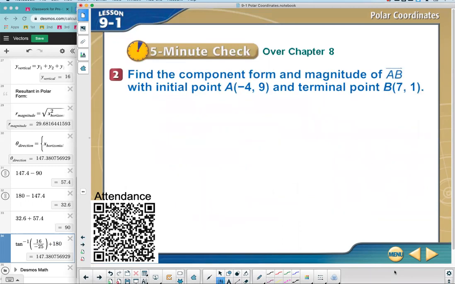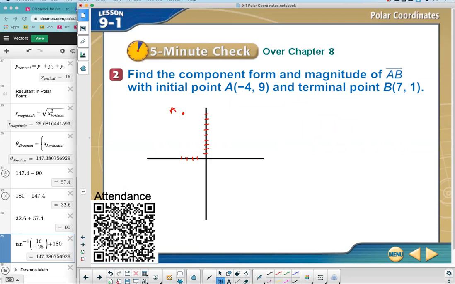Let's check out number 2. It says find the component form and magnitude of the vector AB with an initial point, here A, and a terminal point of B. So here's the idea. If we graph this, you have a point that originates 4 units left, 1, 2, 3, and 4, and 9 up. 1, 2, 3, 4, 5, 6, 7, 8, 9.